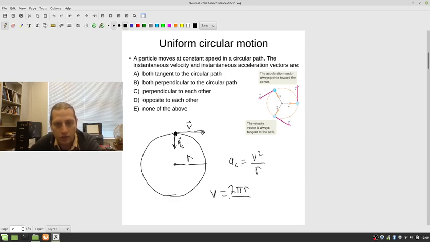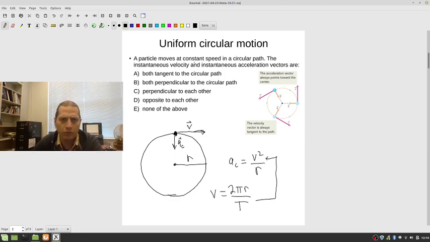The speed is going to be the total distance around the circle divided by the time it takes to go around the circle. So if you wanted to put your v in terms of the period, that would depend on r, and sticking this in there, you would have the r in the numerator and the r in the denominator. Okay, but let's not worry about that right now.